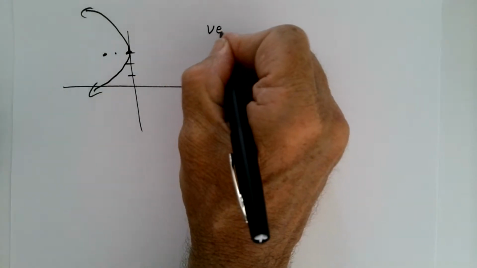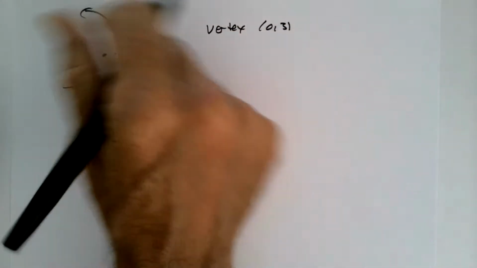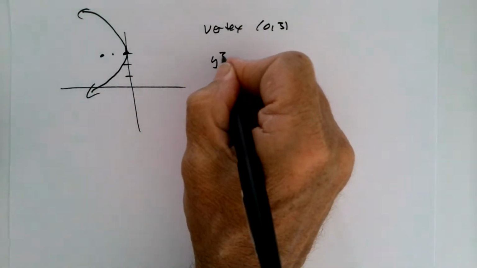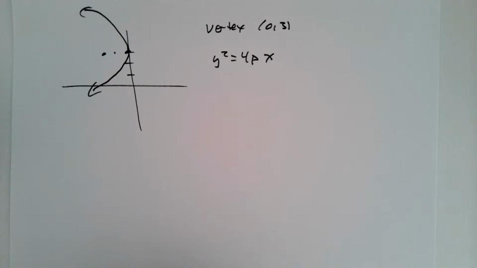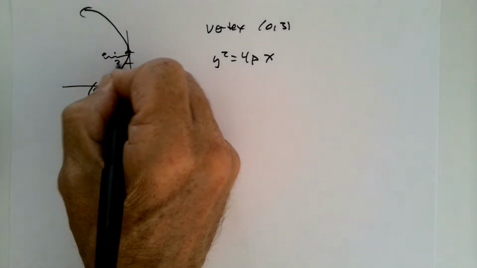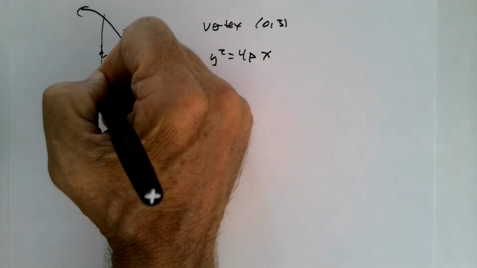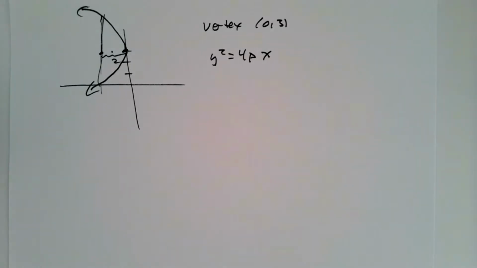So the vertex is at 0, 3. It's opening left and right, so that means it's a y squared equals 4px type of thing. You'll notice the distance here is 2 away. So to find the points on the latus rectum, I've got to extend the focus up and down to find out where they are.